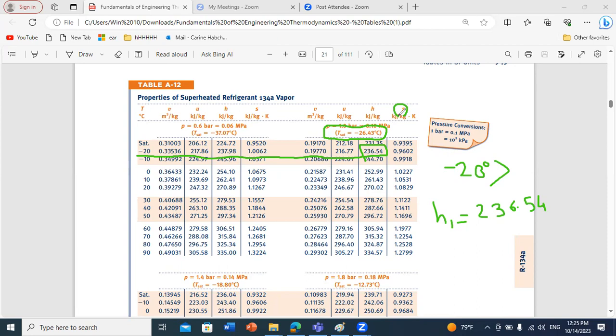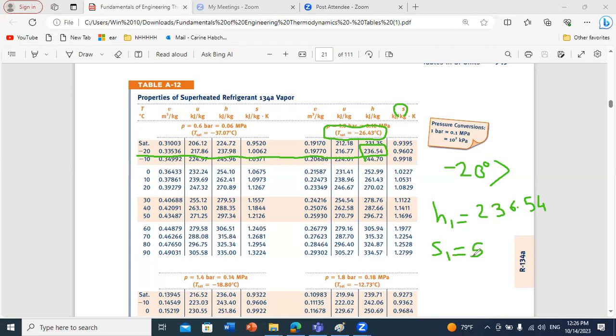But in case they gave you the temperature at point 2, at the outlet of the compressor, then they might consider that we have some losses, and that's why they give you the value. But if they don't give you any information, you can say I will model the process as isentropic, so S1 is equal to S2.